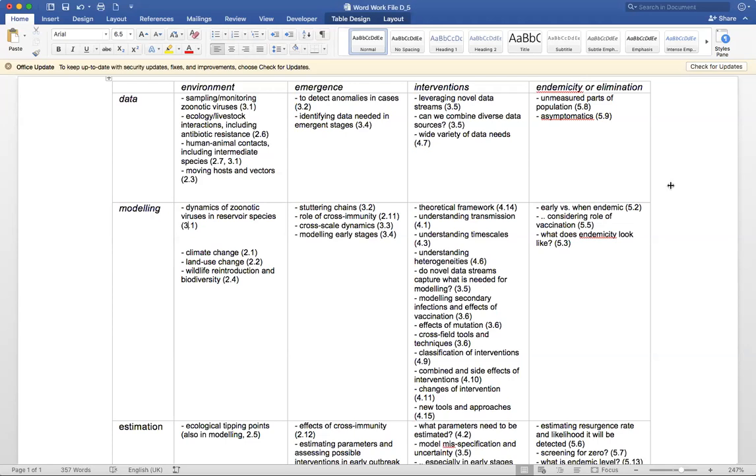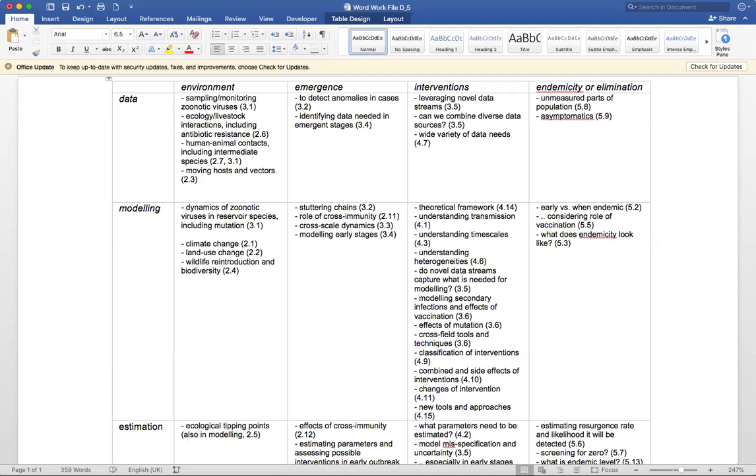Yeah, I'm happy with that. Hang on, should I make clear that this item is including mutation in the dynamics of zoonotic viruses? Okay. Yep, if you like. Well, it's almost especially mutation, since that's what we're worried about. Yeah. Okay.